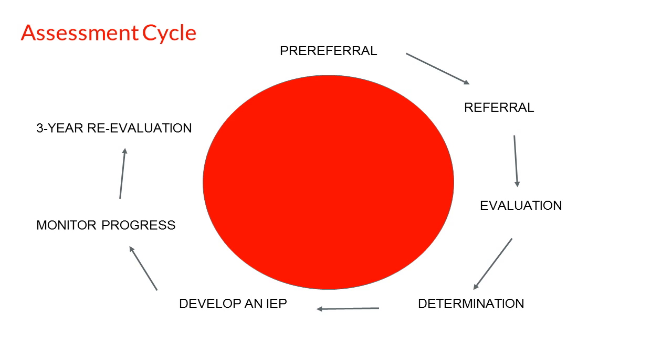So let's quickly overview the cycle of assessment before we go into each part. Typically you're going to start with the pre-referral process, and then, after trying some interventions, we might say we need to refer this student for special education. So you have that referral. If we decide we need to go on, then we go on to the evaluation phase, where we're doing all the assessments and gathering all the data.